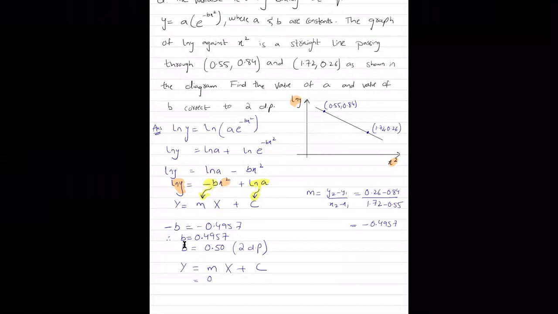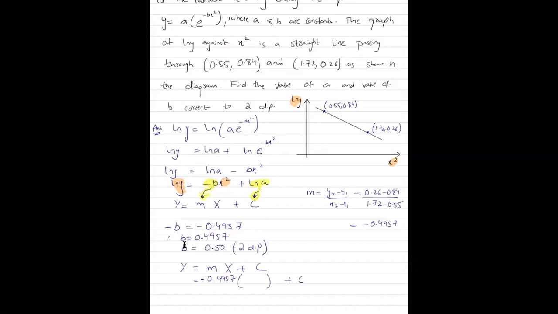Although I have rounded my b value to 0.5 as the final answer, for calculation purposes I'm always going to take the more accurate value, that is 0.4957.